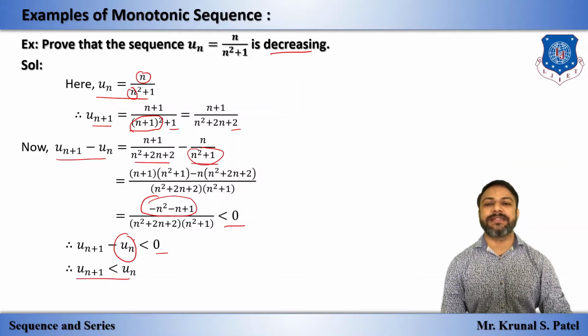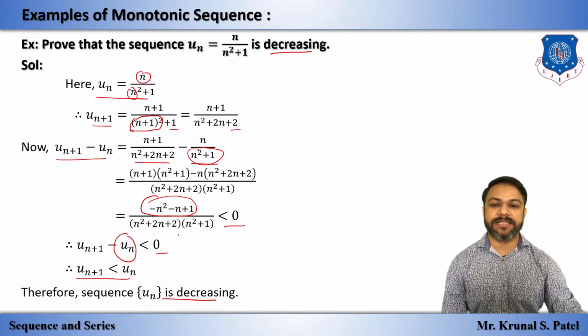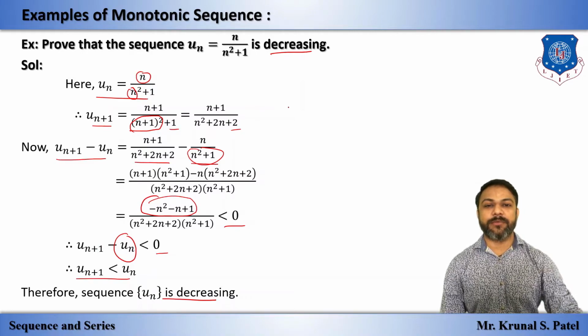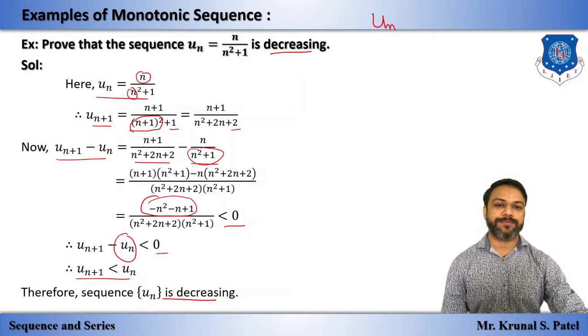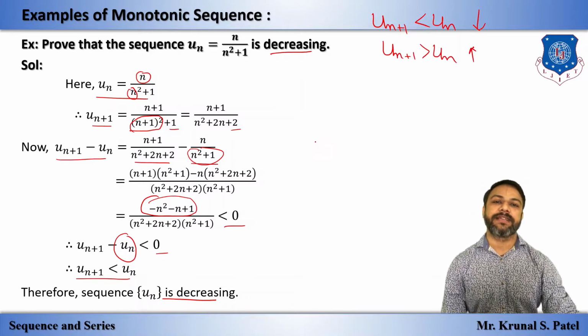That means the given sequence is decreasing. Okay, so you have to check only this: if un plus 1 is less than un, then it is decreasing, and if un plus 1 is greater than un, then the sequence is increasing.